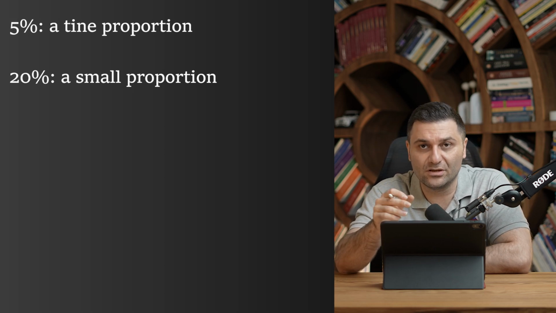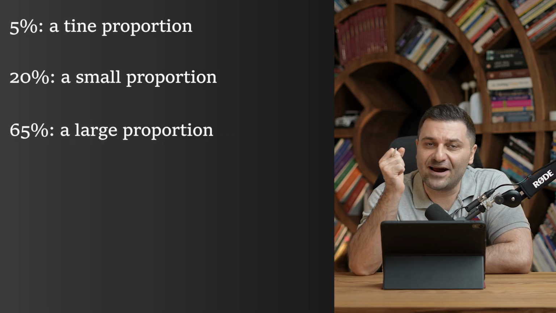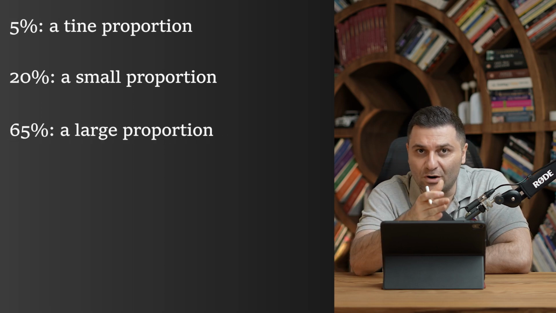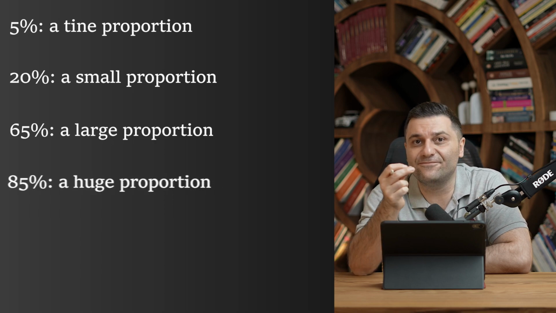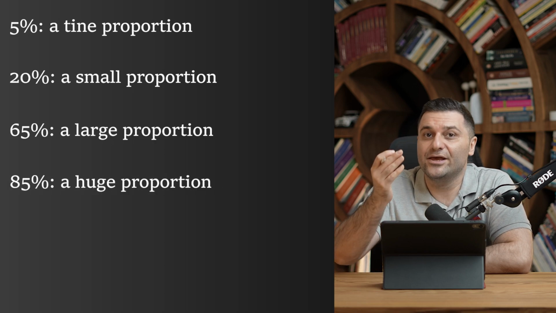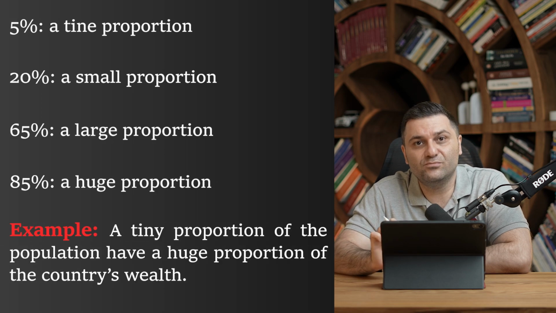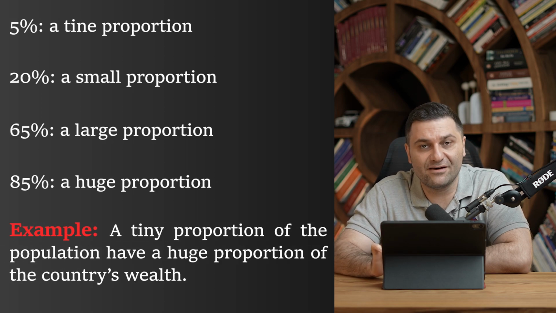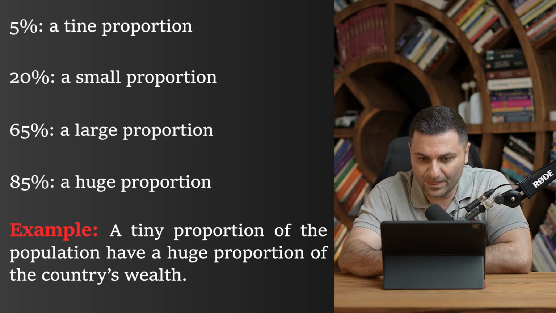For another one, you can write a small proportion. For 65%, you can write a large proportion, and for 85%, you can write a huge proportion. Now, an example: a tiny proportion of the population have a huge proportion of the country's wealth.